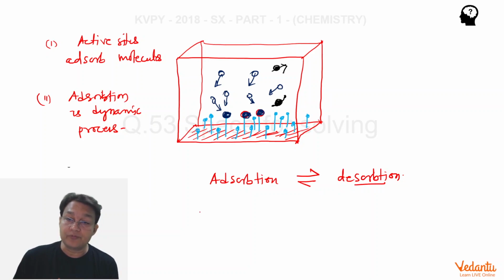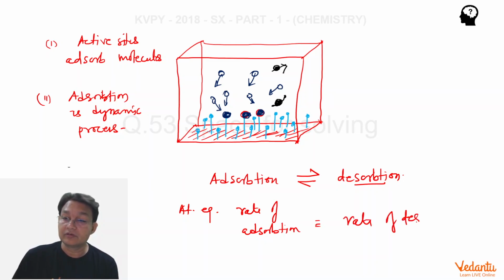And at equilibrium, the rate of adsorption is equal to the rate of desorption. Some kind of equilibrium will be attained, and soon a steady state will be attained.